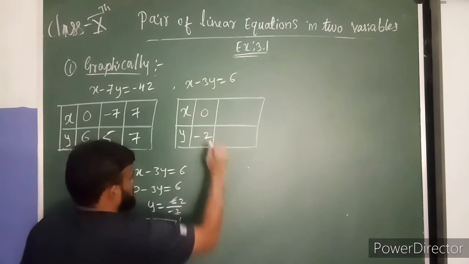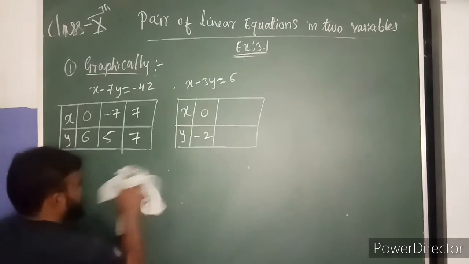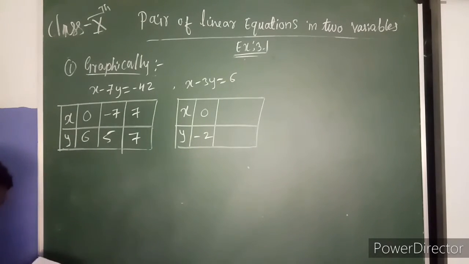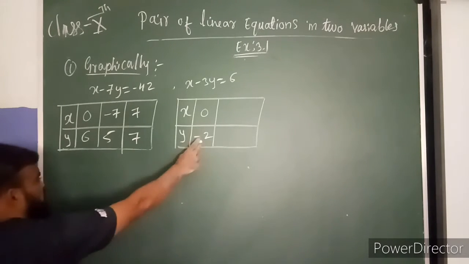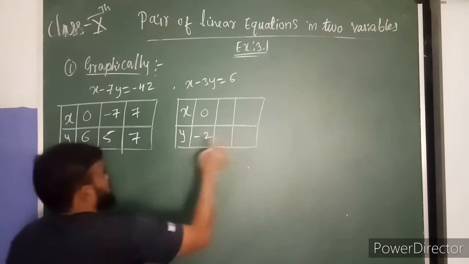That is minus 2. Right? After that, I will tell you. Again, we have taken the x value as 0, then for the other value, I can take 6 also, we can take 6 also.